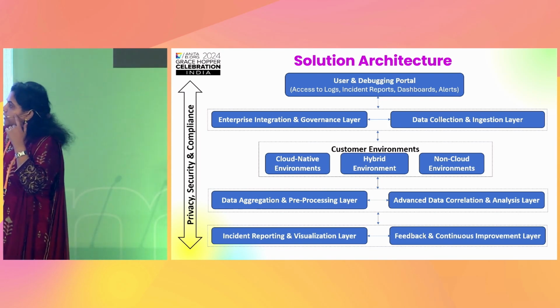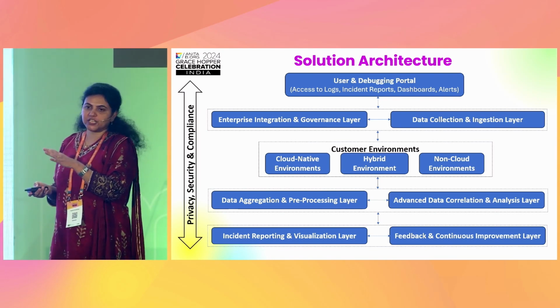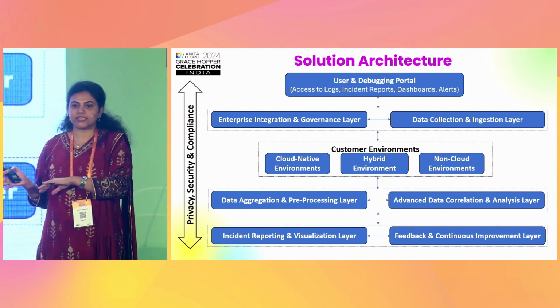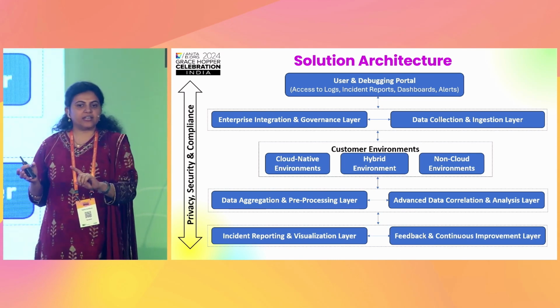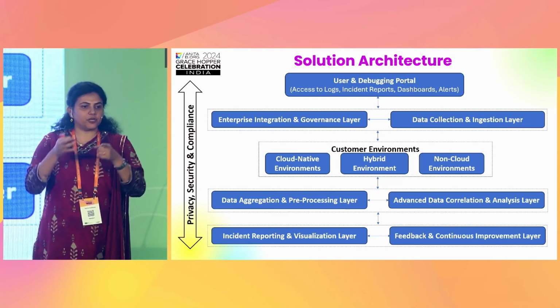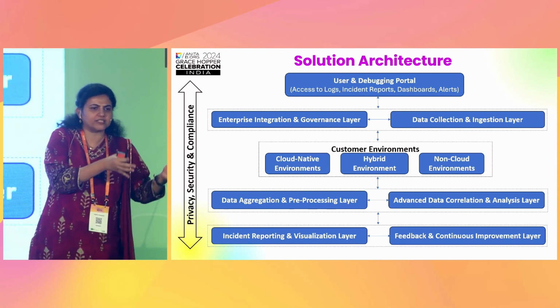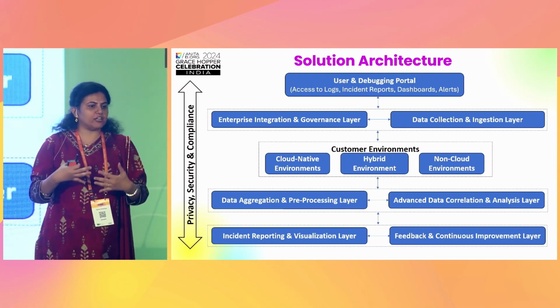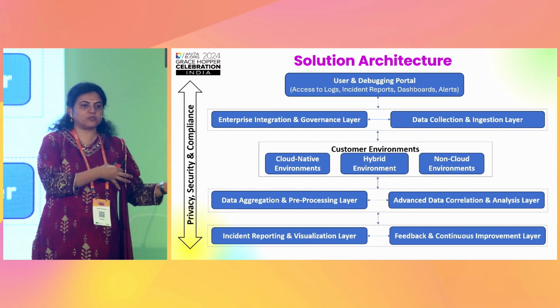The next important thing is the enterprise integration and governance layer. When an issue happens on the customer side, we cannot just debug until the customer has raised an incident. That incident should have come to us via ServiceNow, Jira or any other kind of ticketing system. My first-level engineer has analyzed it, and then it comes to the developer.